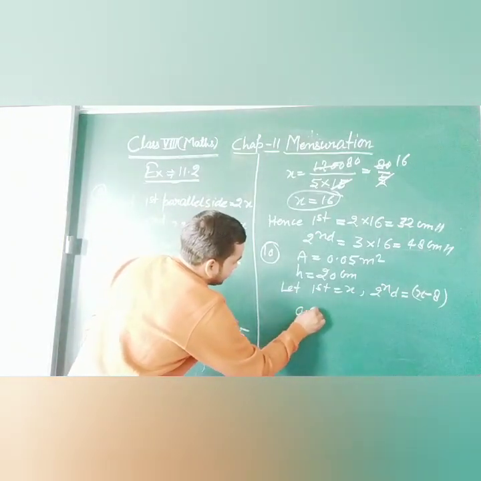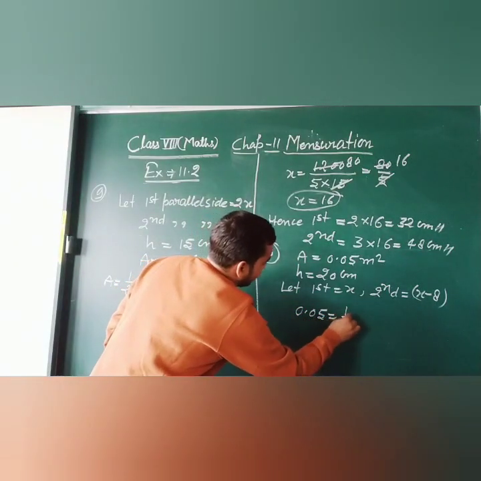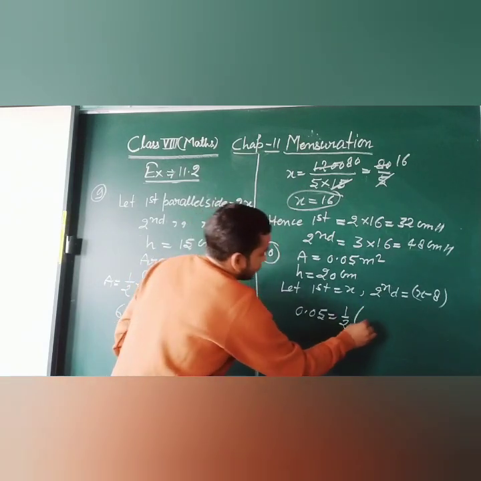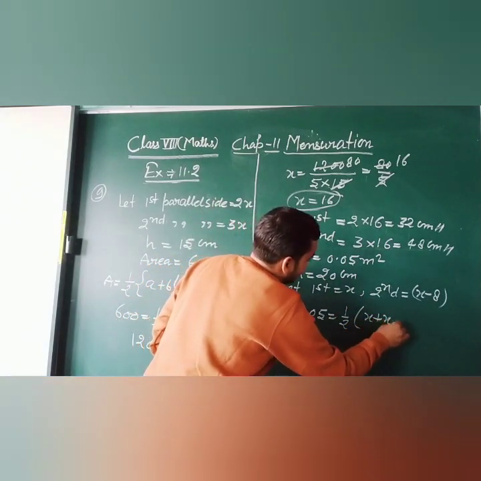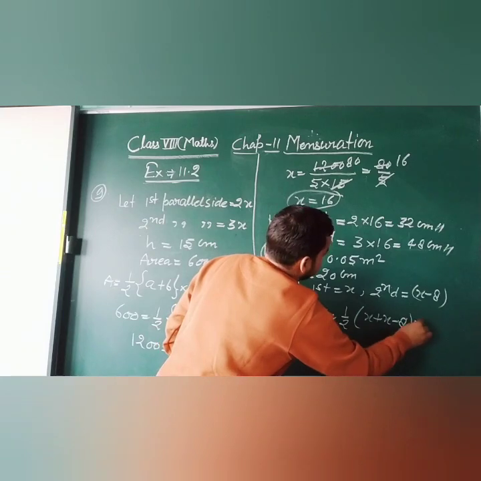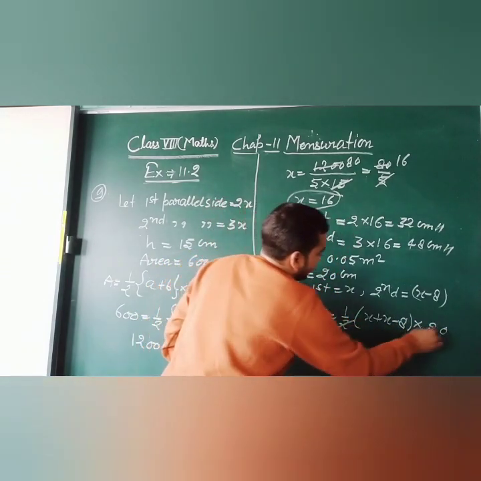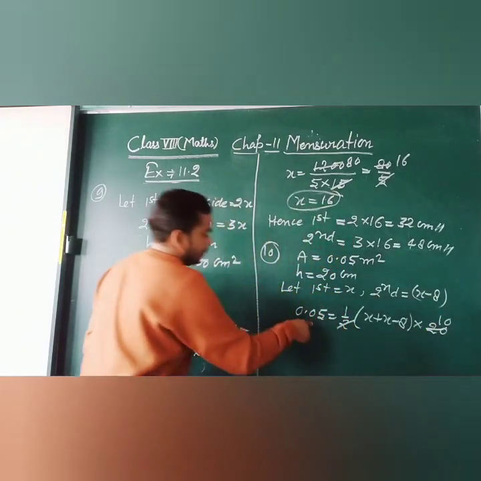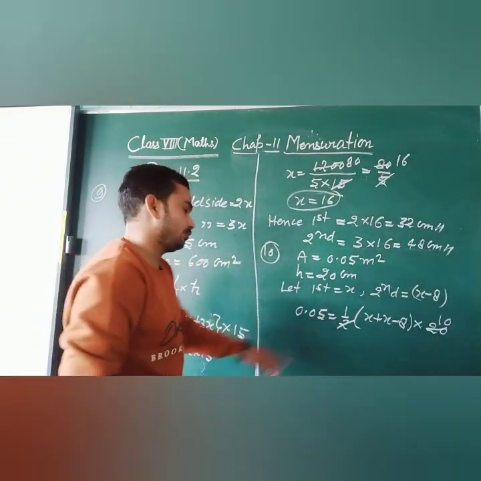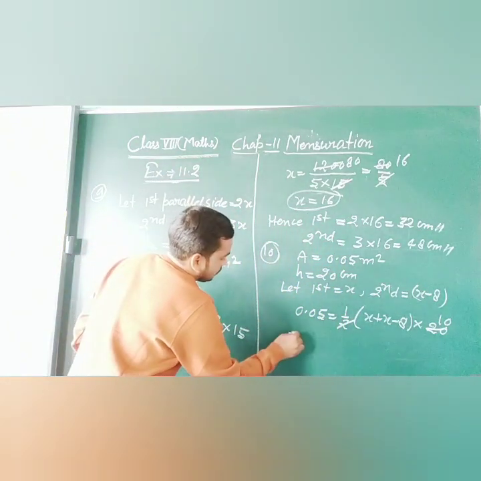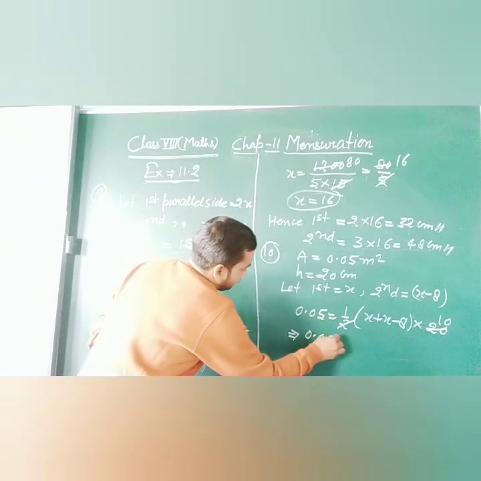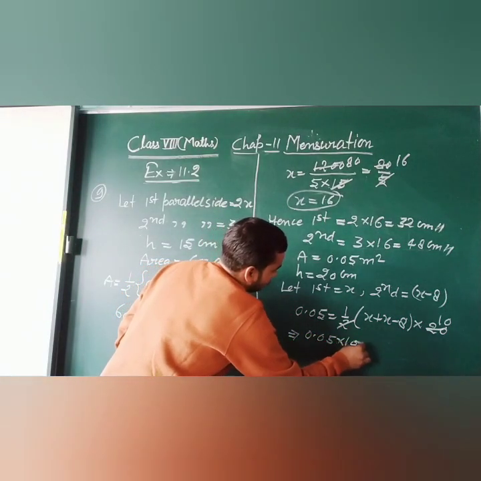Area is given 0.05 equal 1/2 sum of parallel sides, so x plus x minus 8 into distance between them, which is given 20. So 2 into 10 or 20. This is given in meters, converted to centimeter. So 0.05 multiplied by 100 into 100.